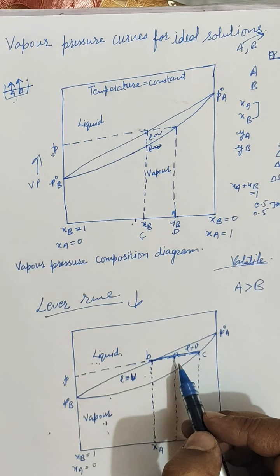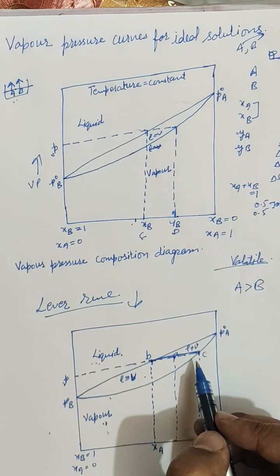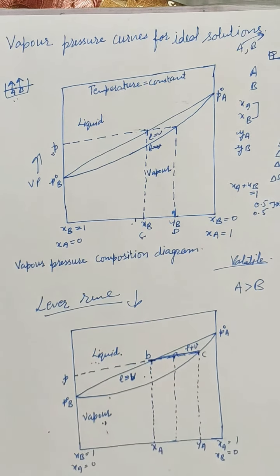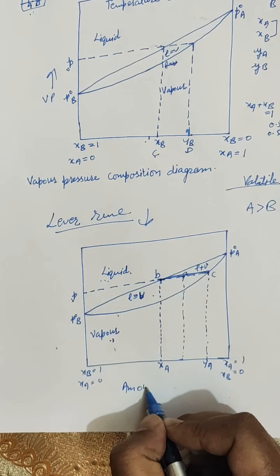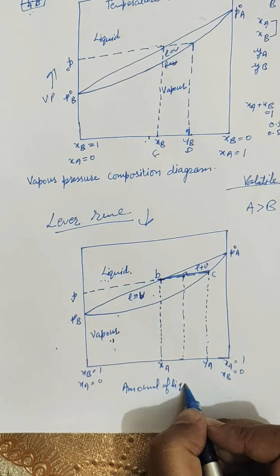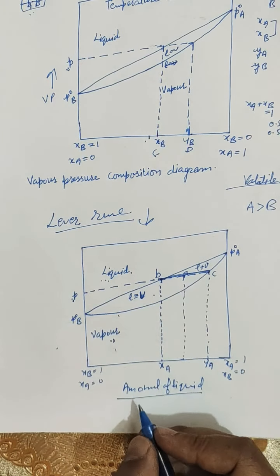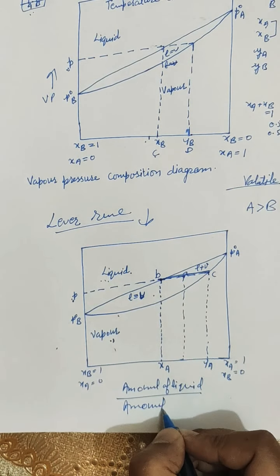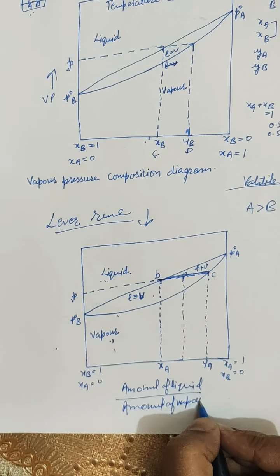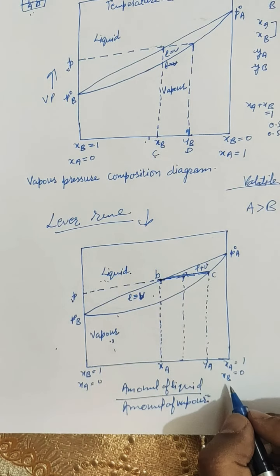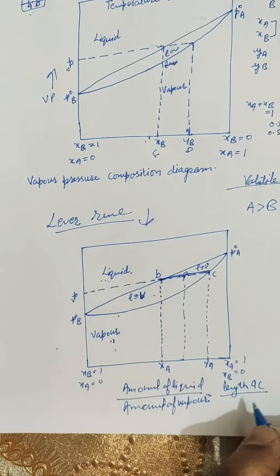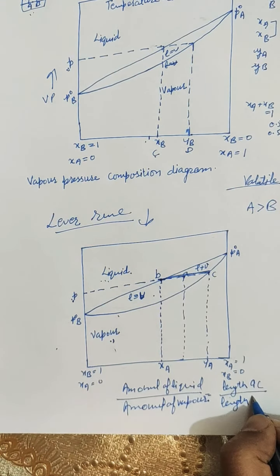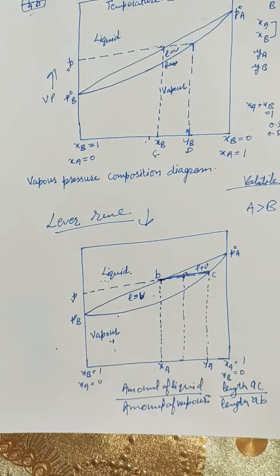At any point on the tie line BAC, the ratio of the liquid fraction to the vapor fraction is given as amount of liquid divided by amount of vapor equals length AC divided by length AB.